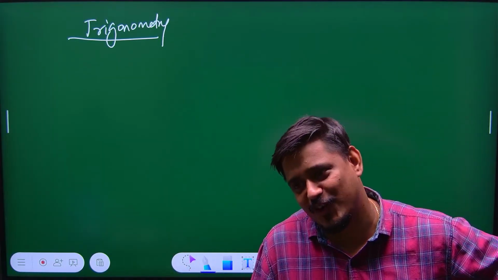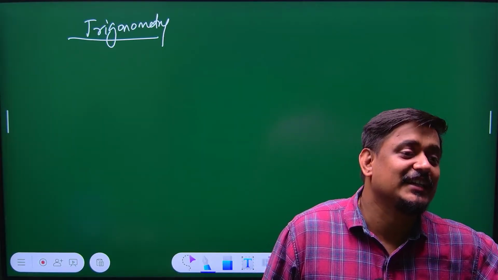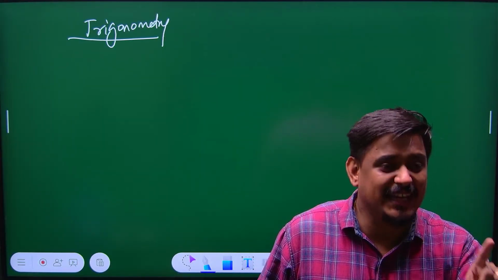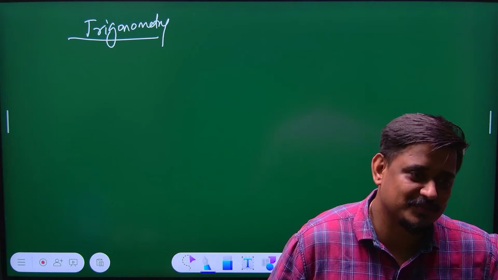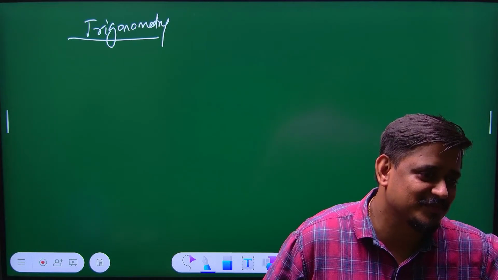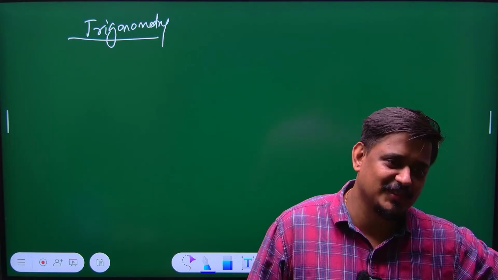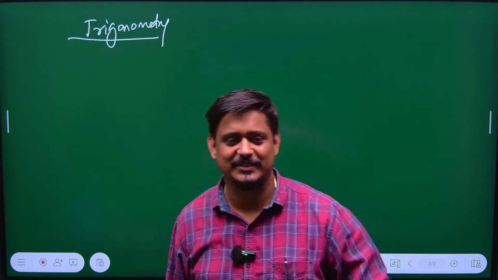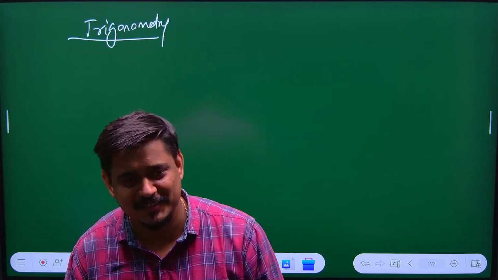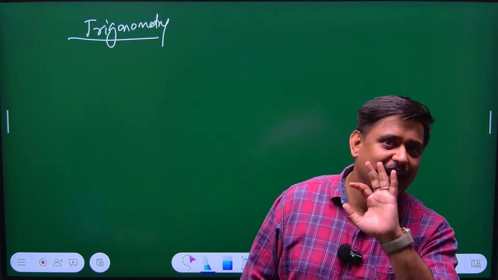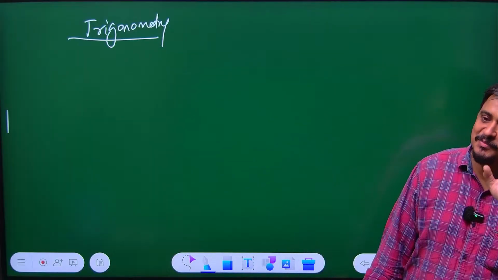Tan 45 is 1, so cot 45 is 1 only, no? Yes. What is secant 30? 2 by root 3. Root 3 by 2 opposite is 2 by root 3, isn't it? So, anybody should not forget these basics.